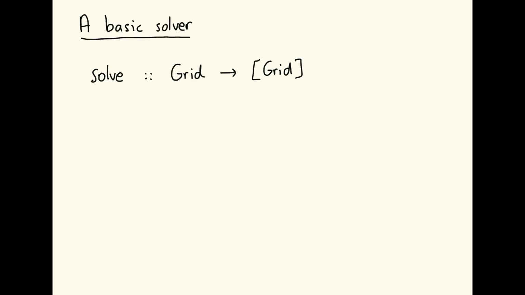This is a common thing in algorithm design. Sometimes it's easier to solve a harder problem, like returning all possible solutions to a Sudoku problem, rather than giving back a single possible solution. And of course, if we wanted a single solution, we'll just take the head of that list, and under lazy evaluation, that will do the minimum amount of computation necessary to just give us one unique solution back for the puzzle.